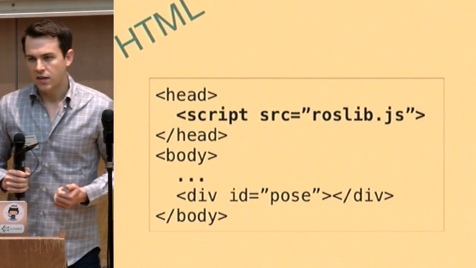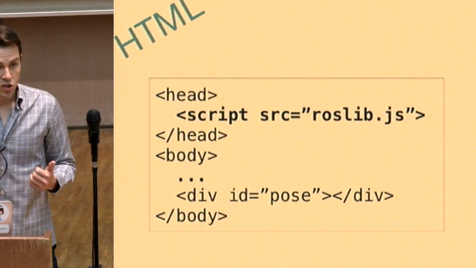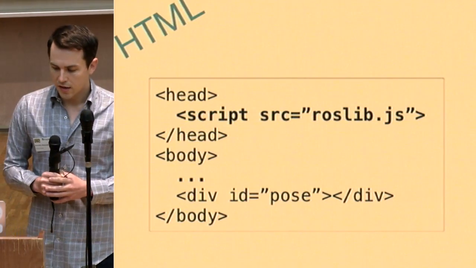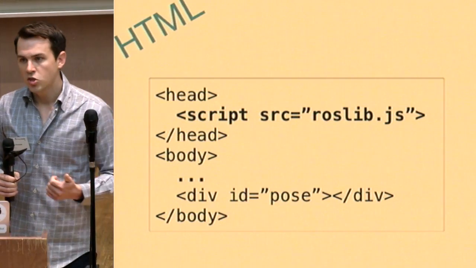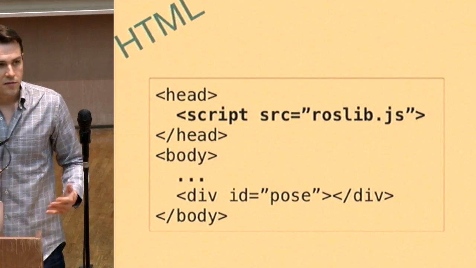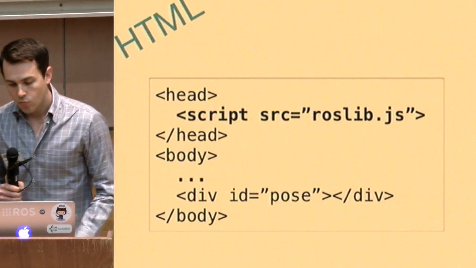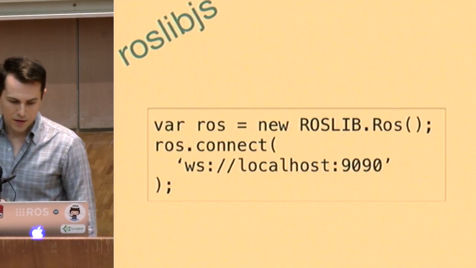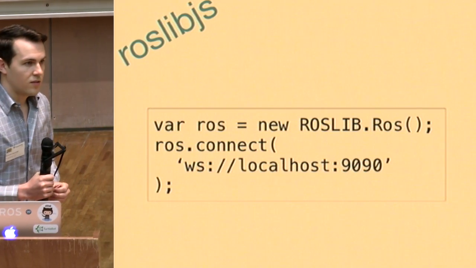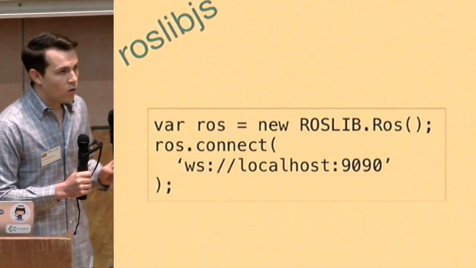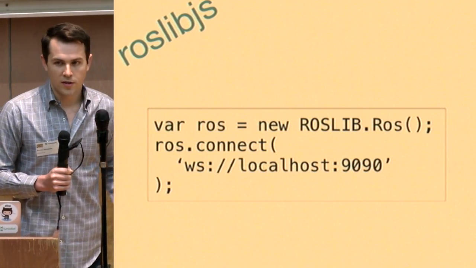What that means is that you have a nice API in JavaScript for things like service calls, publishing and subscribing to topics, TF subscriptions, ActionLib calls, and so forth. So we include the library, and then we create a ROS object, and we give it the URL of the WebSocket connection on the Turtlebot 2.